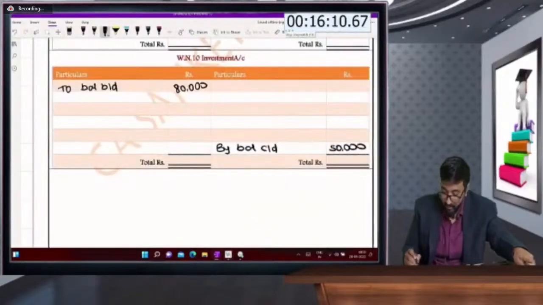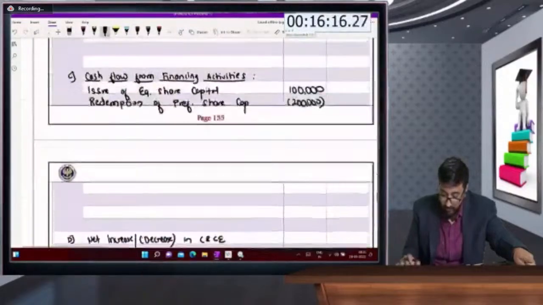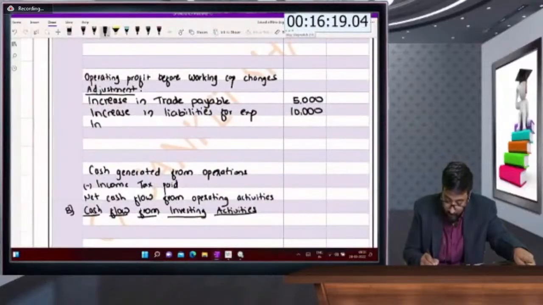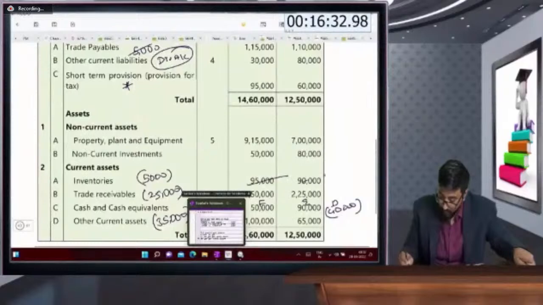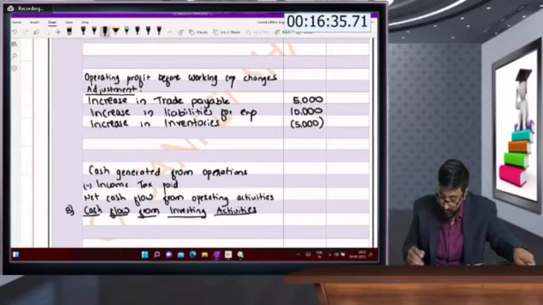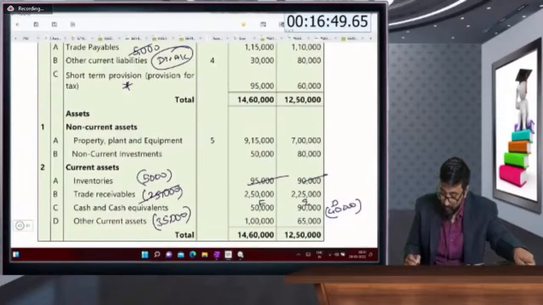Increase in inventories, working capital adjustment: increase in inventories, less 5,000. Increase in trade receivable, less 25,000.